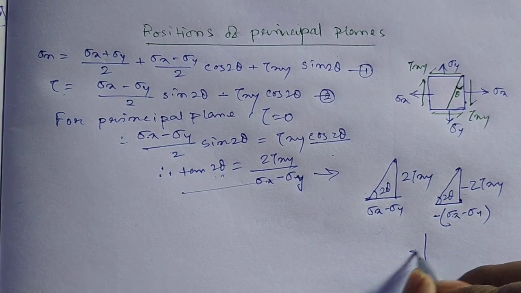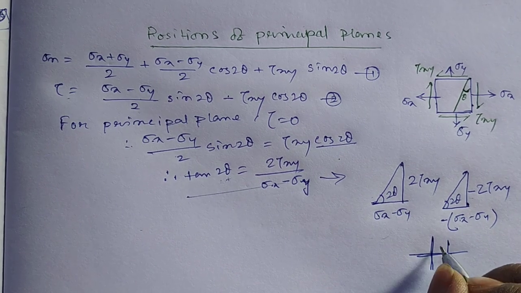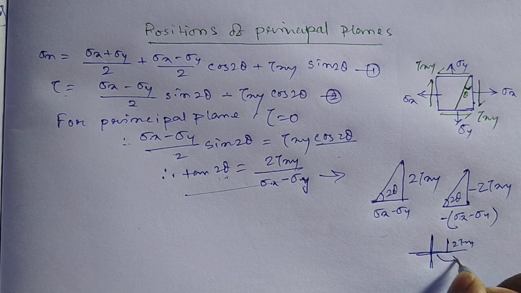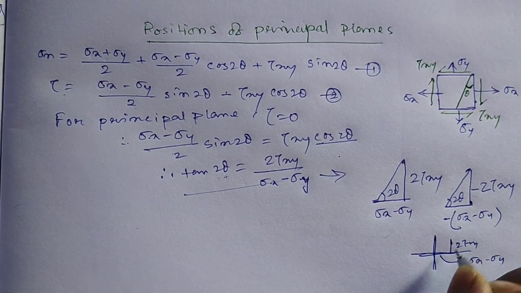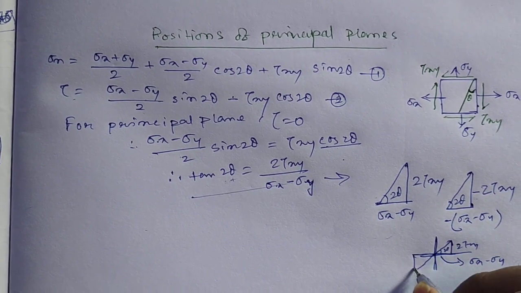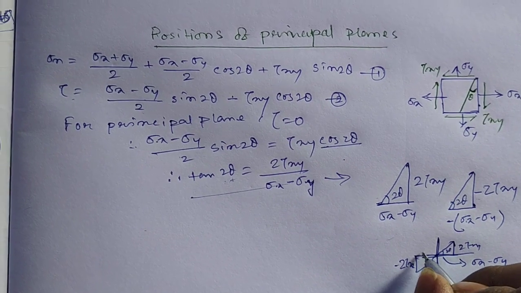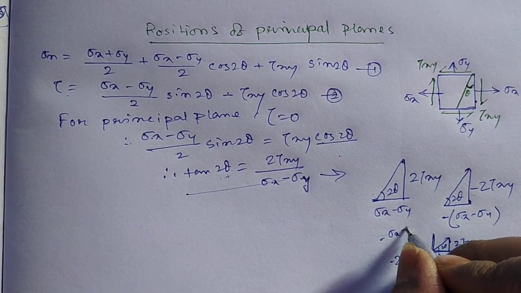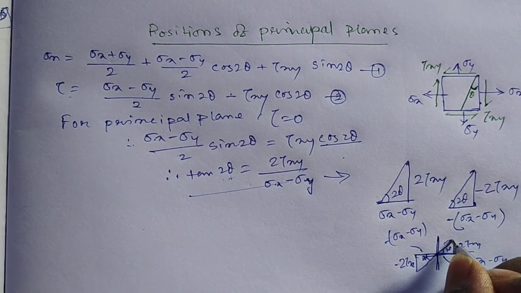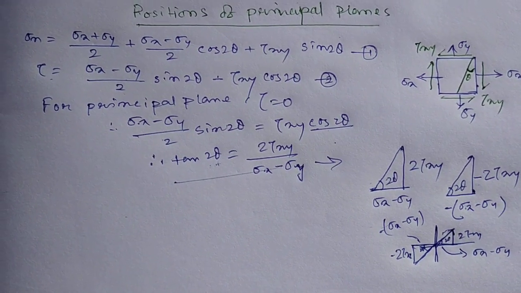Because if this is 2 tau xy and this is sigma x minus sigma y, with this angle 2 theta, another condition will be where this will be minus 2 tau xy, this will be minus of (sigma x minus sigma y), and this angle will be 2 theta, right? So this case and this case are 180 degrees apart, right?